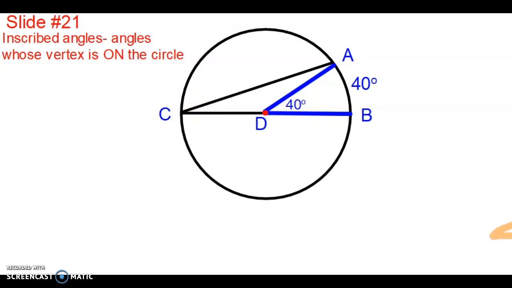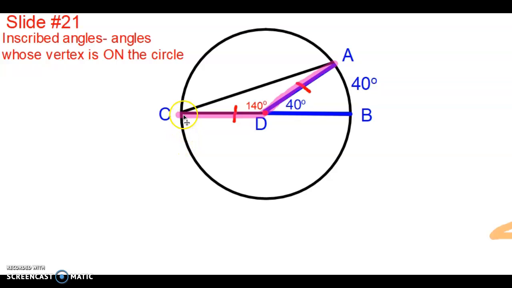We know that this is a straight line. Therefore, if this angle is 40, then I know this obtuse angle has to be 140. So I'm going to put that in red. And notice these two radii, this radius and this radius.